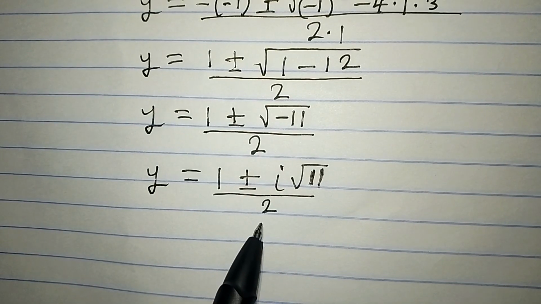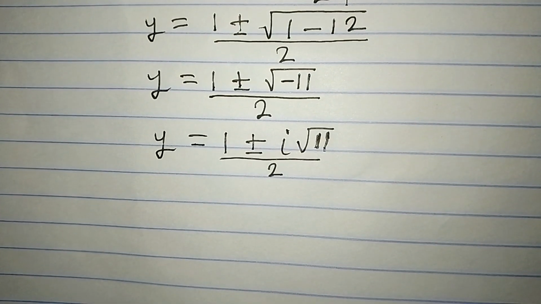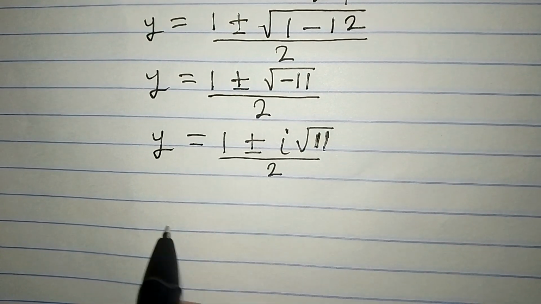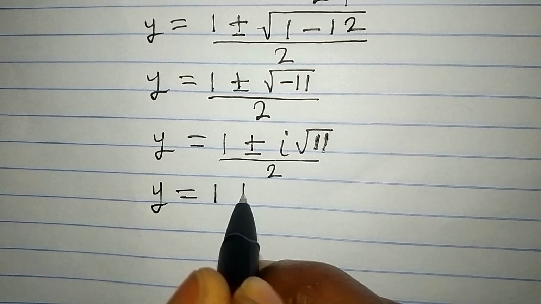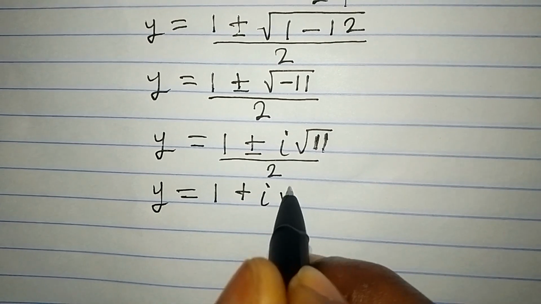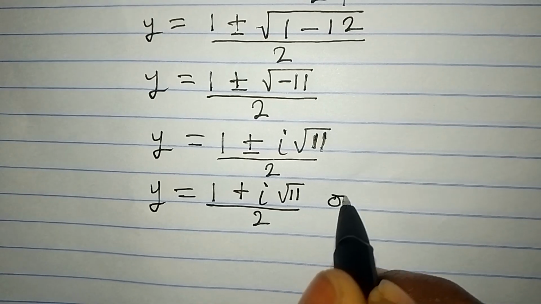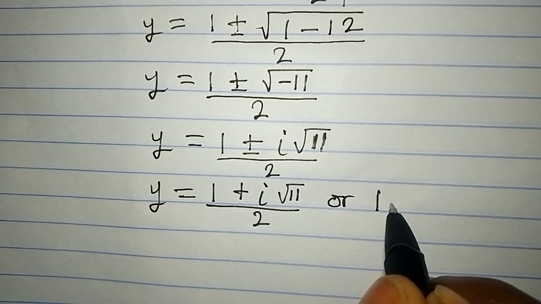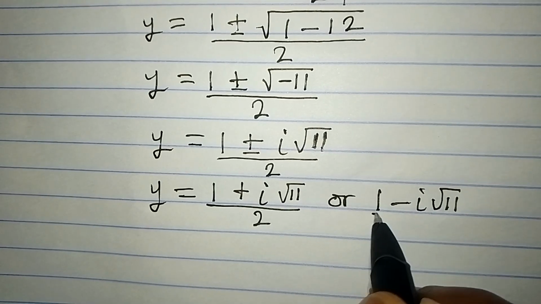Here we have a 2-in-1 value of y. So what we will do is to break it into 2, and we get y to be equal to 1 plus I root 11 over 2, or y equals 1 minus I root 11 over 2.